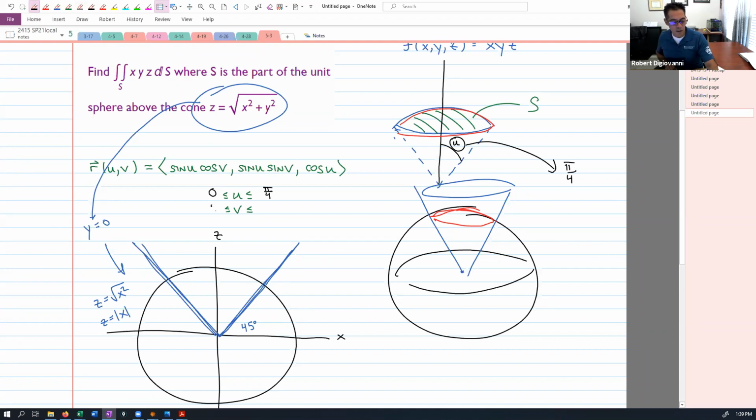And then our v, that we're going to swing all the way around. That's our v that swings us. So from straight up, we go 45 down, everywhere in between, and we spin around, right? And the distance we are out is fixed at 1, which is why all of these have 1s in front of them, right? And that should draw that little cap.